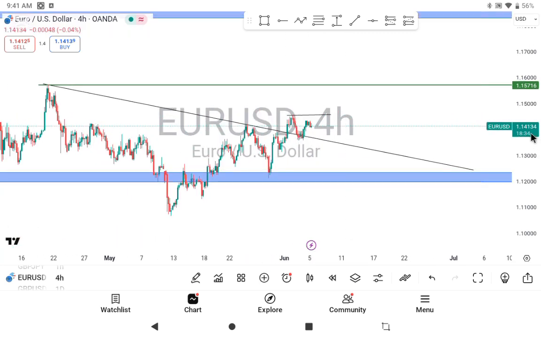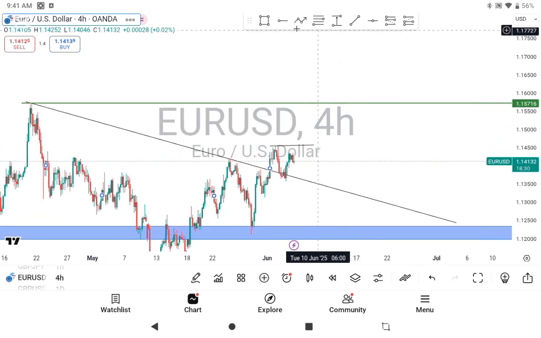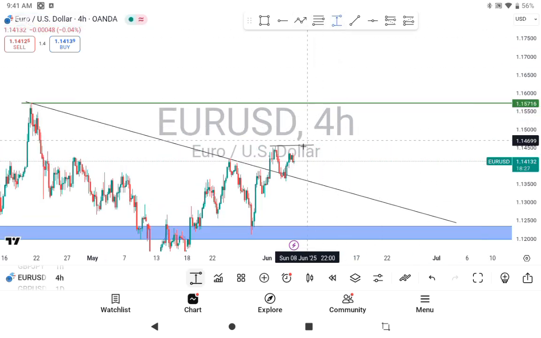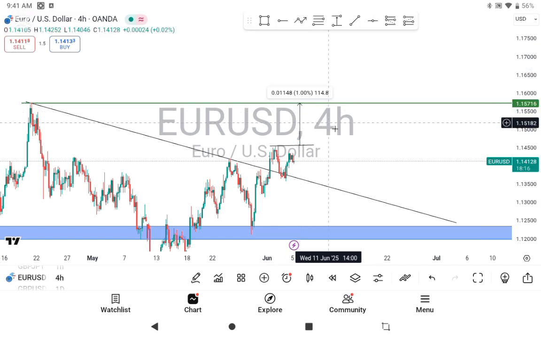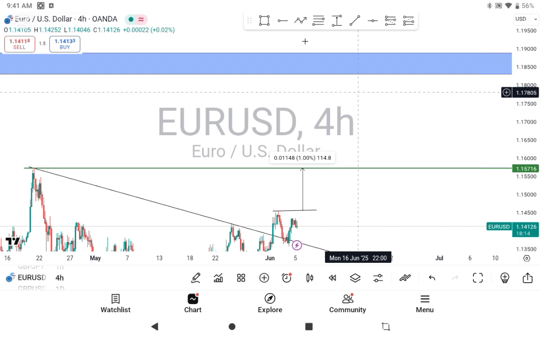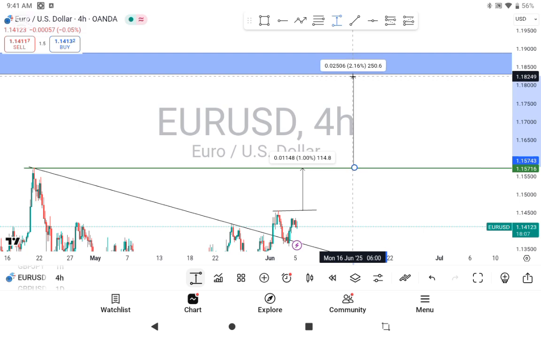Let me adjust. So if I measure the pip count, let's say from here, when the price broke out of this place to this place, this should be about 114 pips, and from here to this level target right here, this should be about, let's just say, 260 pips.